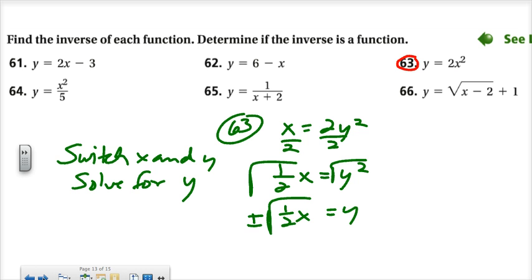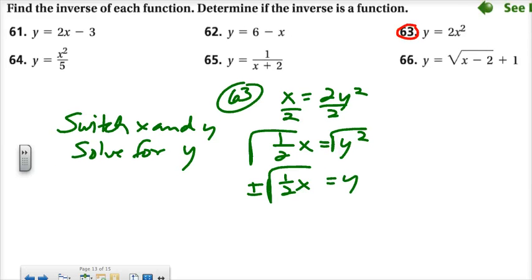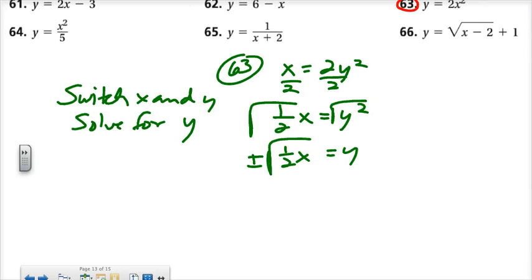Now, we have a problem because there's a square root of 2 in the denominator, and we would want to get all of that fixed. Unfortunately, the book stops right there. We know we're not supposed to leave a radical in the denominator. So we would have the square root of 1 over the square root of 2, and then we have our square root of x. But what we're worried about is the numbers.